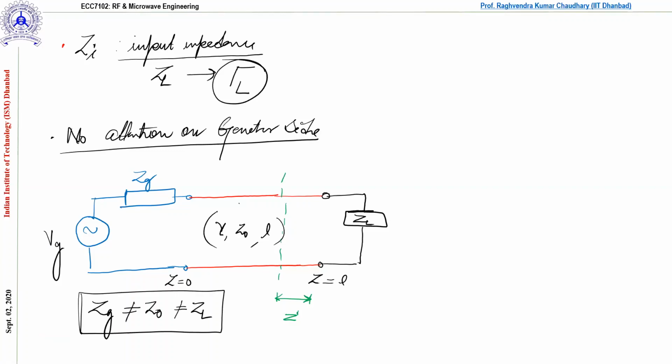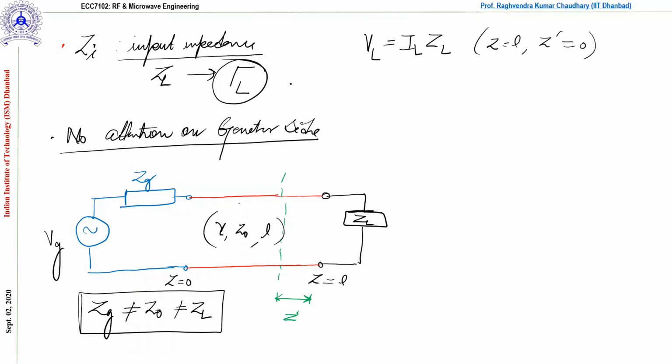So at the load side, or the end of the generator, we can write down VL. VL is equal to IL ZL. This is where Z is equal to L or Z dash is equal to 0. Fine.